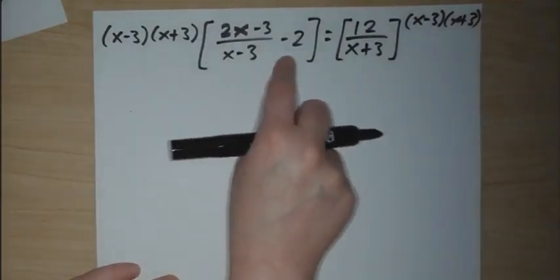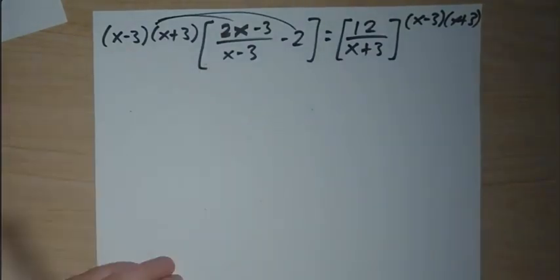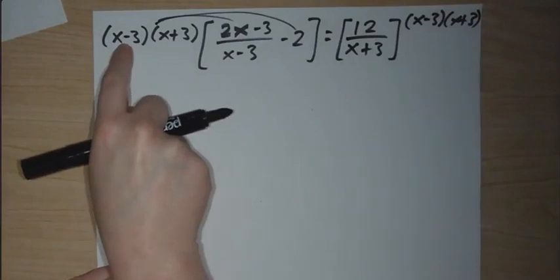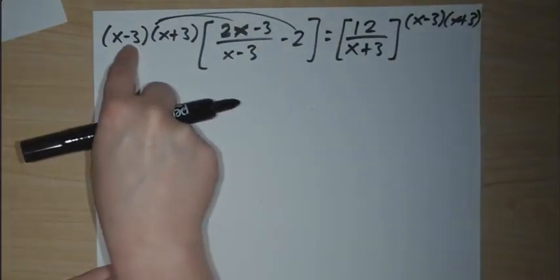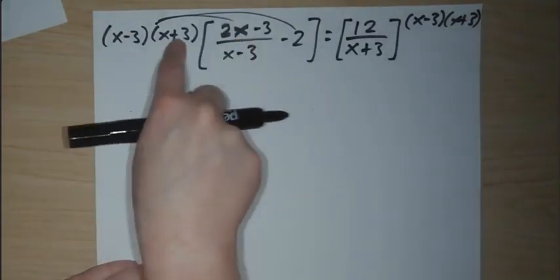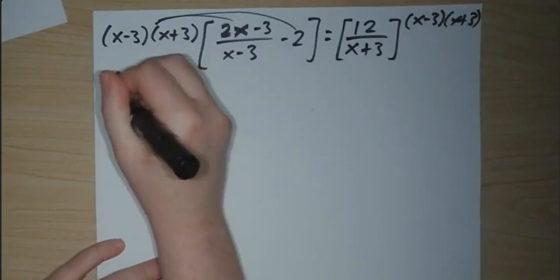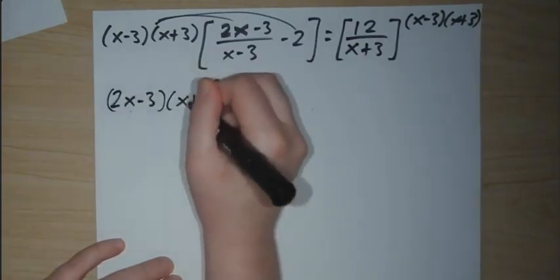So multiplying through, we have these two terms that this needs to distribute to. For this first term, (2x minus 3) over (x minus 3), once we multiply this through, we'd have an x minus 3 on the top and the bottom, so those would cancel. So we're just left with (2x minus 3) times (x plus 3).